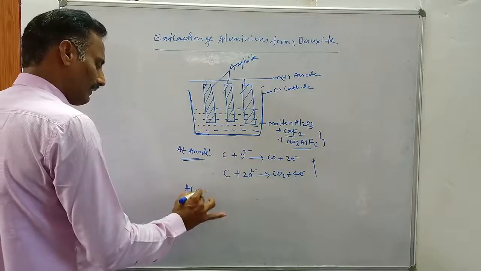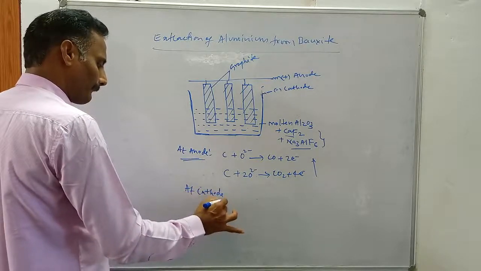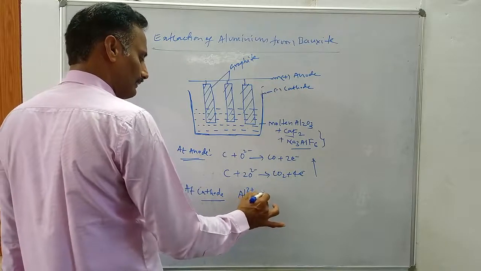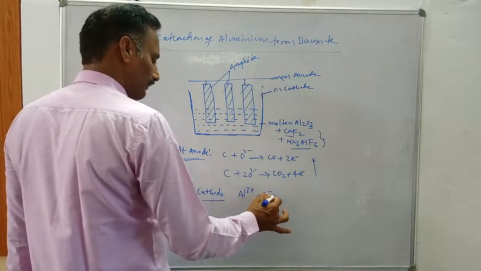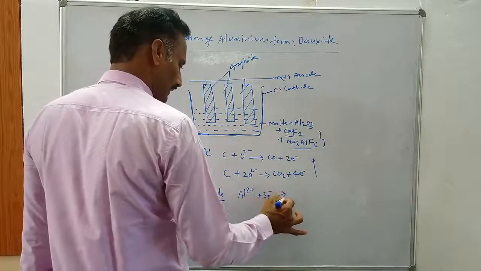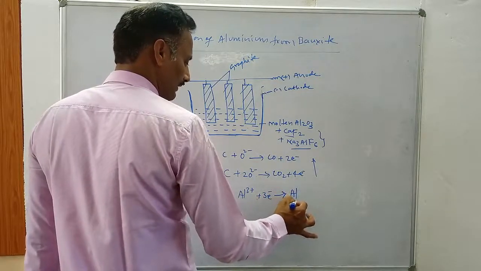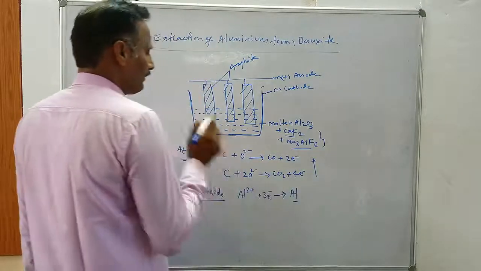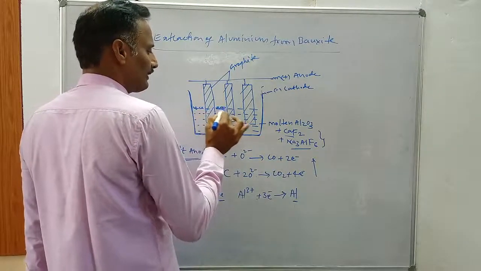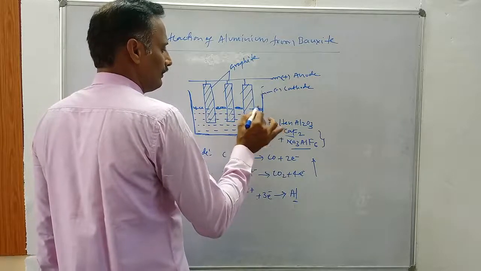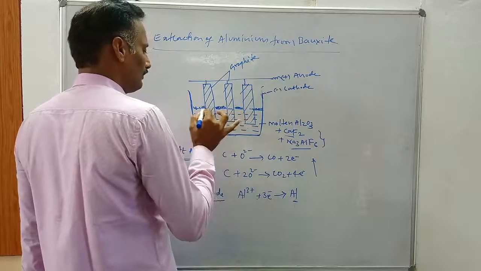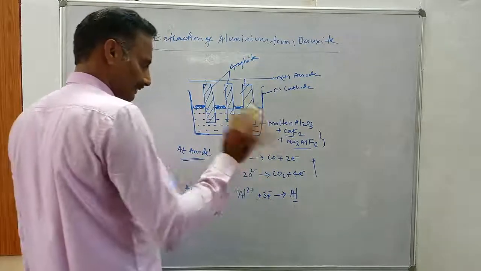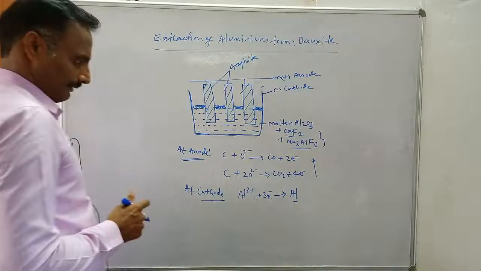What about the cathode? At the cathode, Al3+ ions migrate towards the cathode, pick up 3 electrons and get reduced. You get aluminium, and aluminium is lighter, so it floats on the surface of the electrolyte.